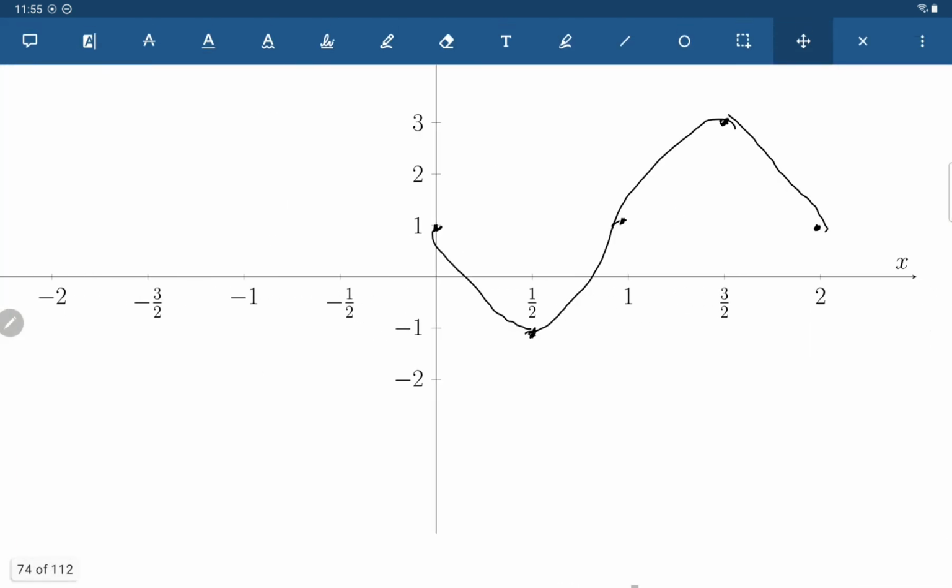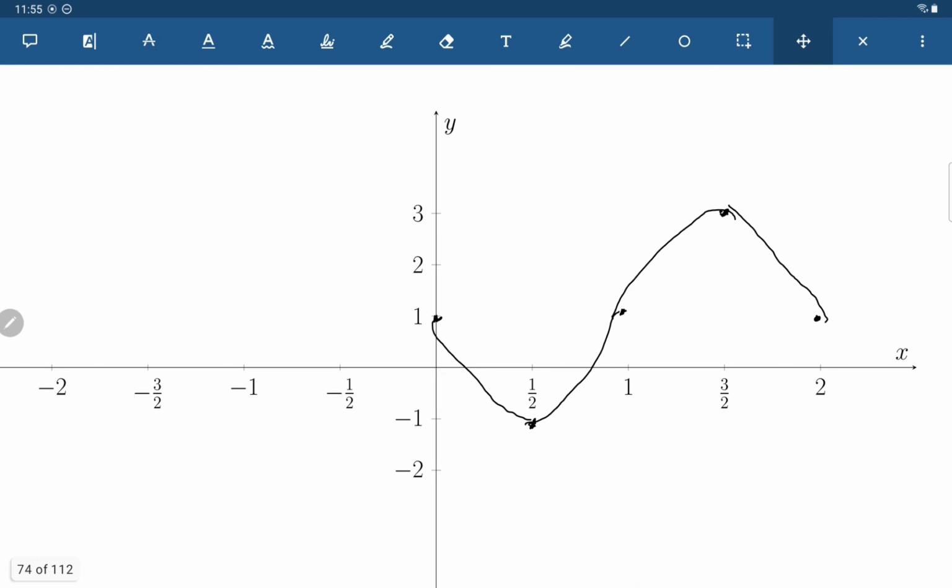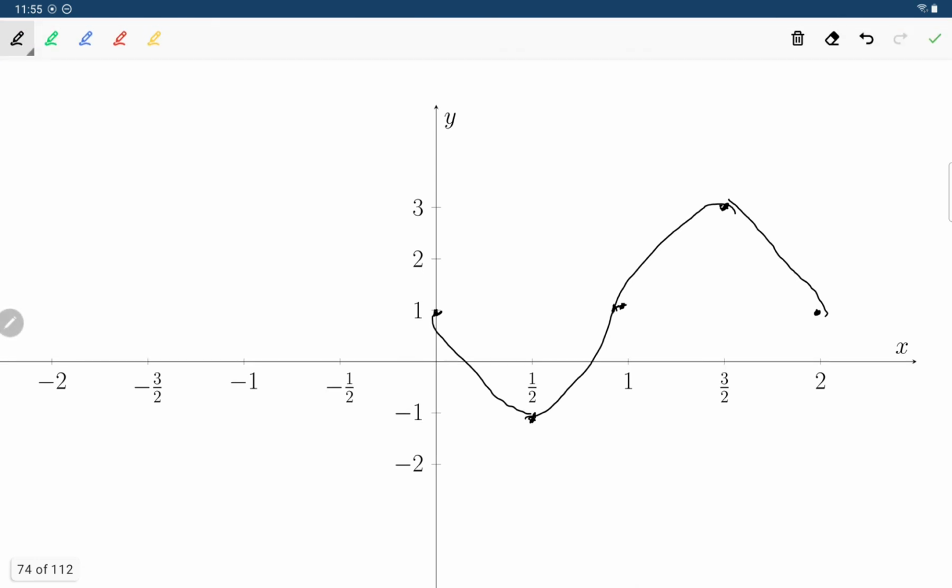I'm just going to zoom in here so I can do a little bit of labeling, because all of these points, except for the one that's the y-intercept, are not on the x-axis at a tick mark, so they will all need to be labeled. So let's see, we've labeled (1 half, -1), (1, 1), (3 halves, 3), and the last point, which was (2, 1).